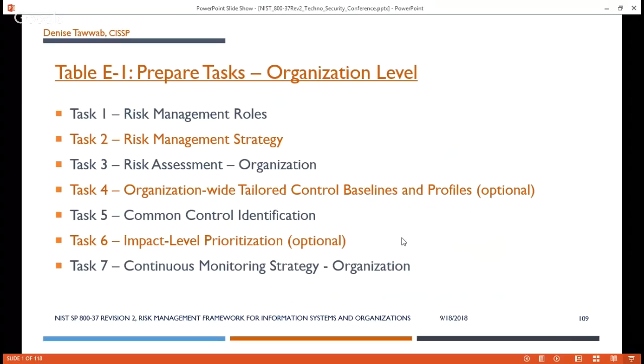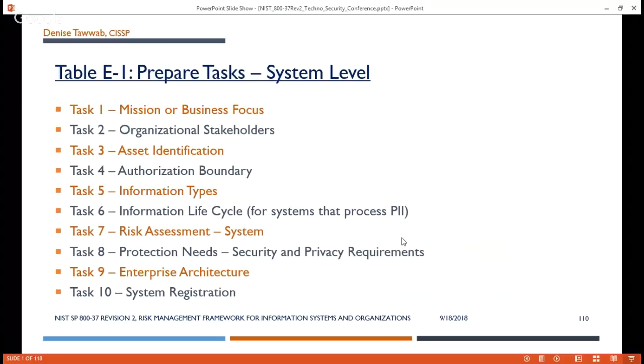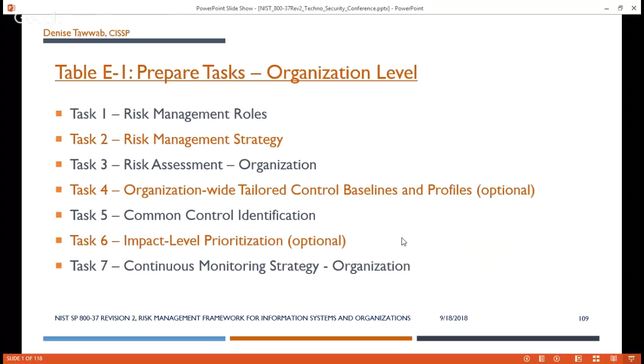Okay, for example, table E1 is your prepare task at the organizational level. You have 7 tasks, your risk management role, strategy, assessment, control baseline and profiles, common control. So you have in table E1, the tasks are identified. And that's at the organization level.